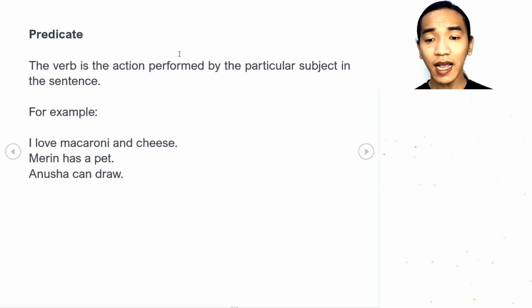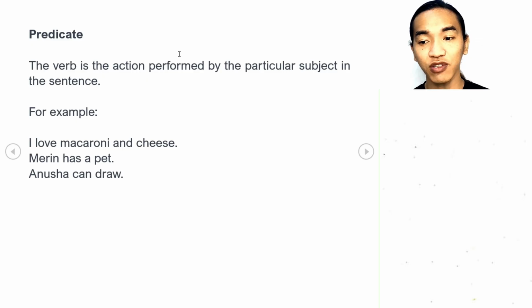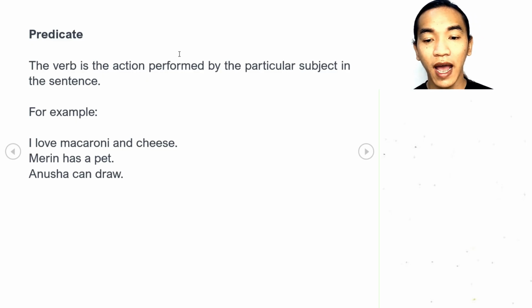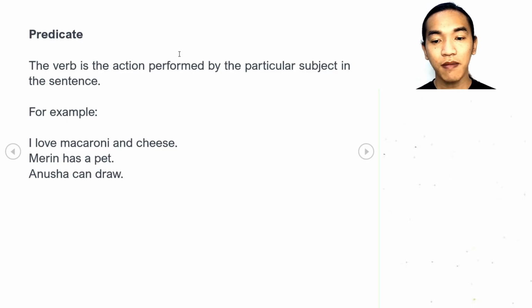Now, the second part of your sentence is actually what we call your predicate. So the predicate is actually the verb, the action performed by the particular subject in the sentence. So, like for example here, I love macaroni and cheese. Love macaroni and cheese is actually your predicate. Marin has a pet.